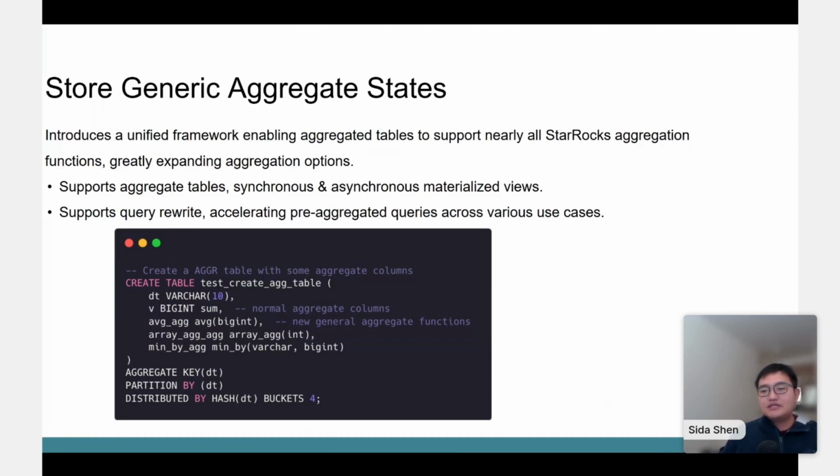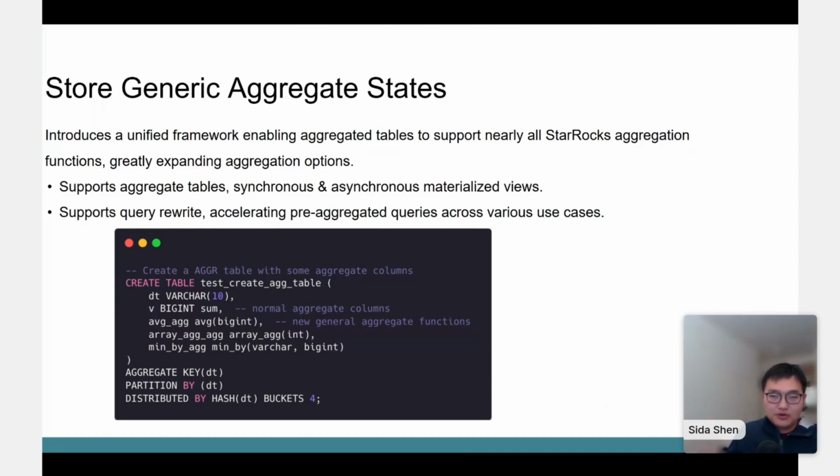Now we built this new framework to add support for other kinds of aggregate functions. Now it supports almost all kinds of aggregate functions. I'm going to use the next slide to talk a little bit about the theory behind this.